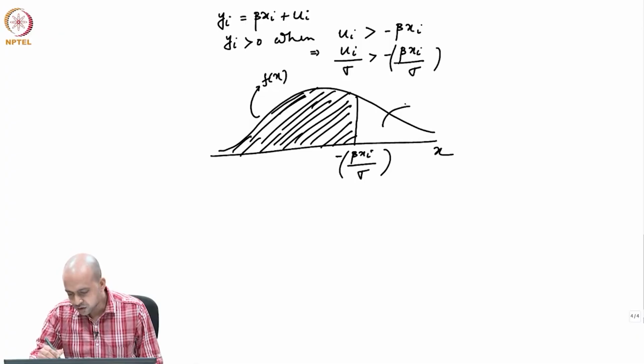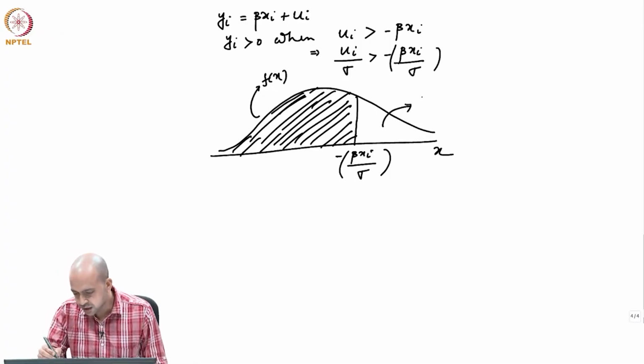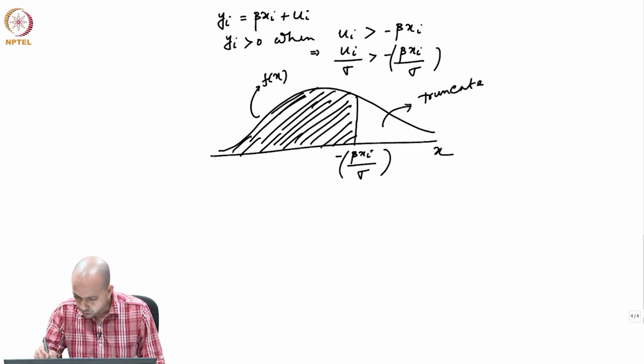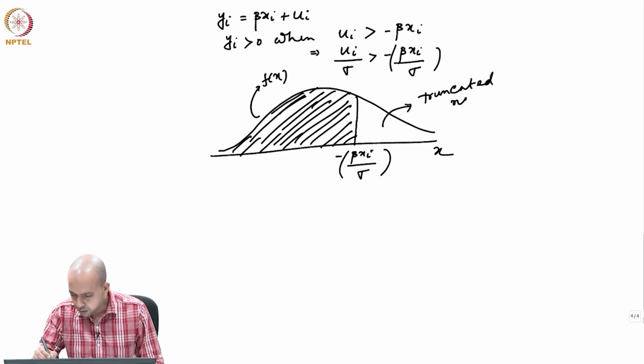This is a truncated normal distribution.